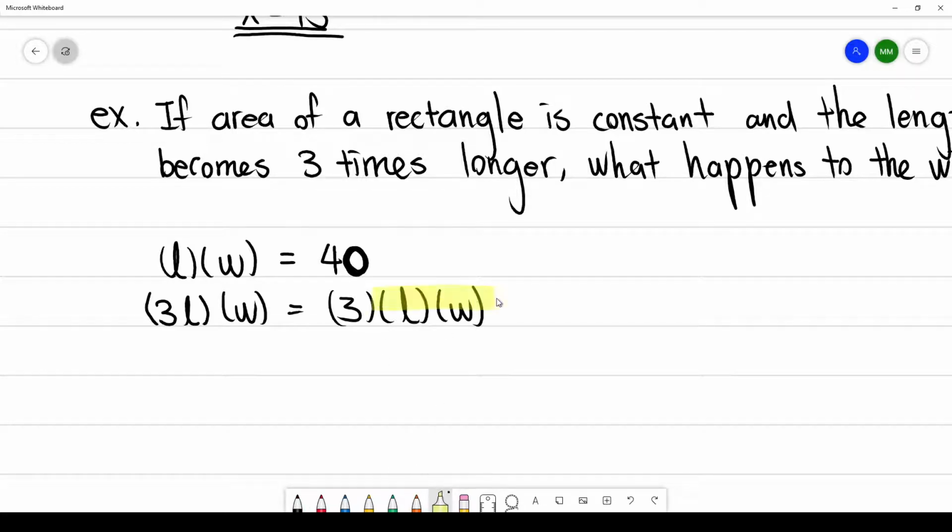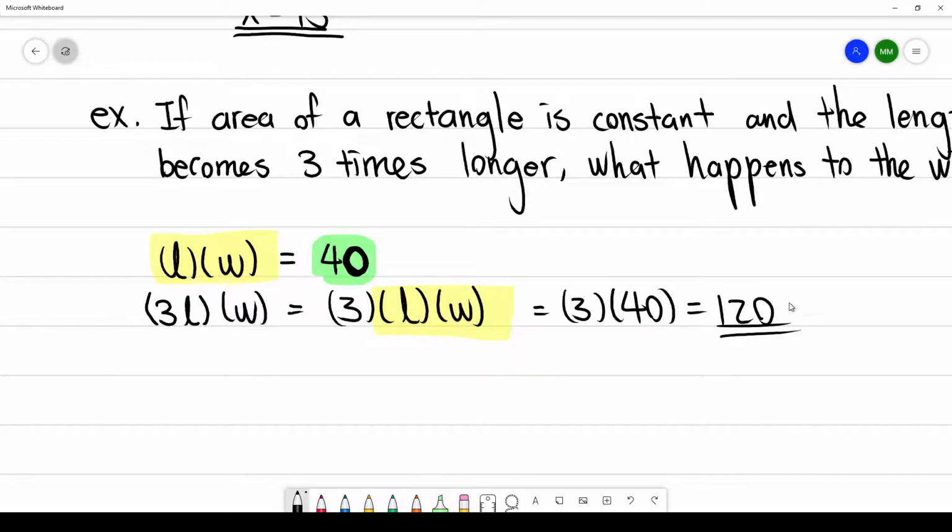This is the same as 3 times 40, and that is equal to 120. But that's not good because we say that the area is constant. So the area is always 40. So we have to do something to the width to make it back to 40 again.